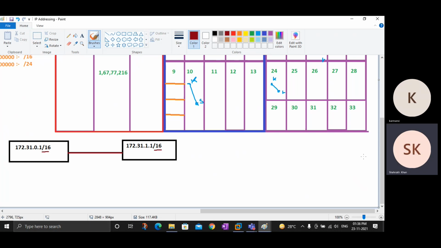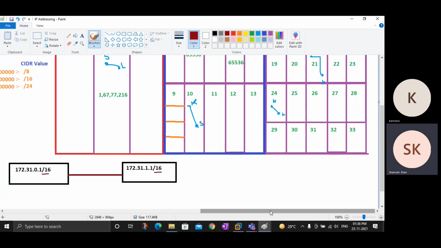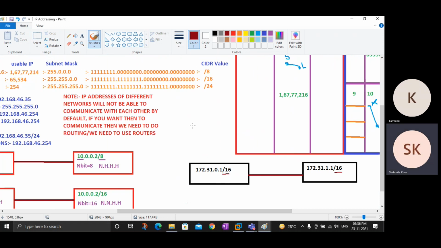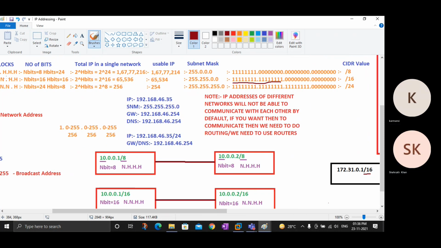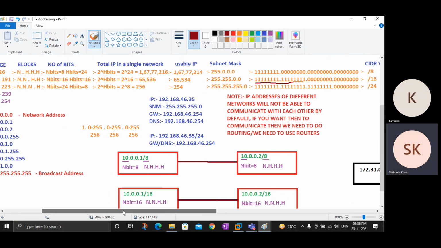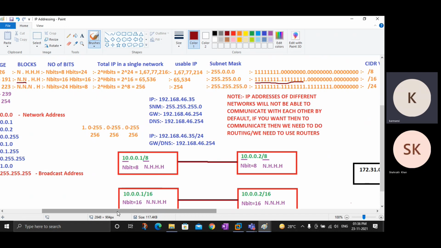And we know that if the CIDR value is 16, that IP address has 16 network bits, and 16 network bits will only be in class B, because two network blocks will be there, each having 8 bits. That's how we determine it, just by looking at the slash value.